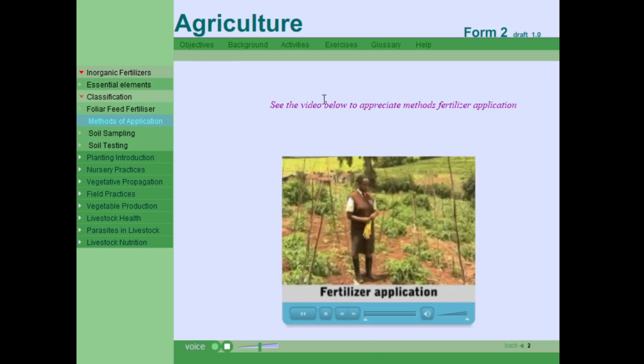I'm going to do another method of fertilizer application in the field, the top dressing, and this is done in two ways. But first, you're supposed to wear protective clothing. That is where I want to put on gloves.